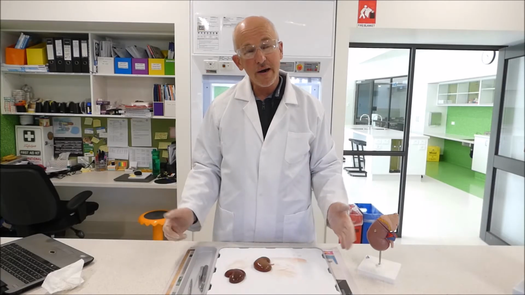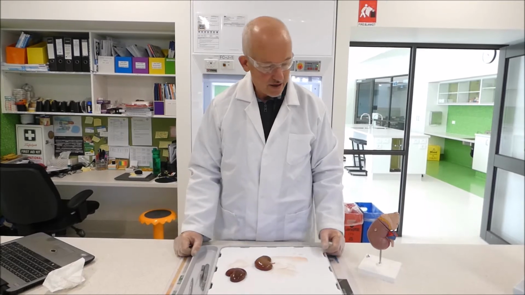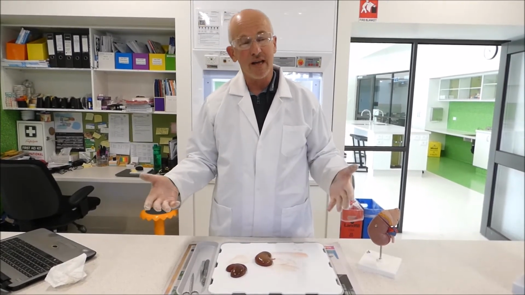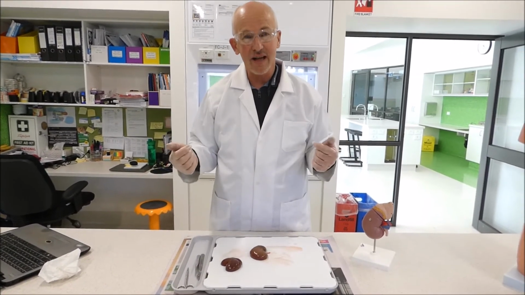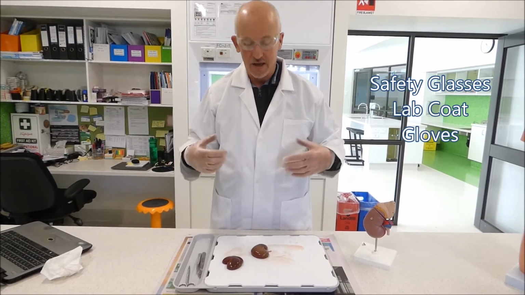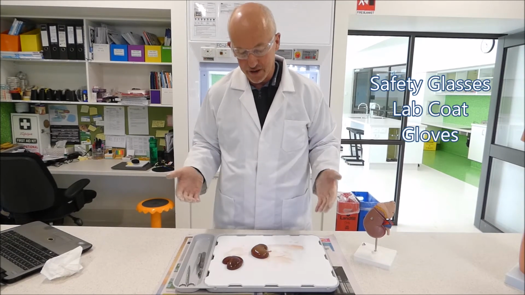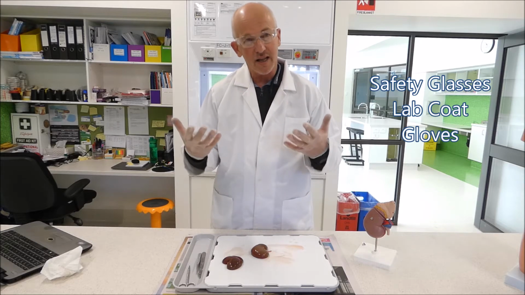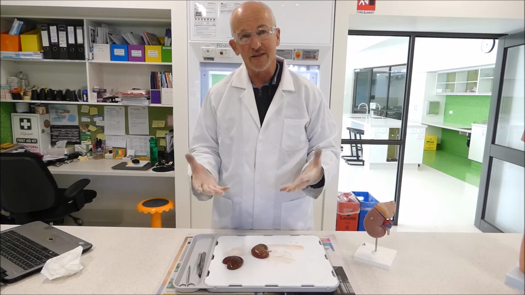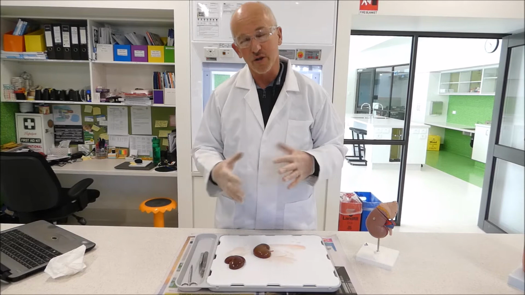Alright, so the materials for our dissection today are going to be, obviously, the safety equipment as always: safety glasses to keep splatters out of your eyes, a lab coat to keep the materials off your clothes, and gloves to keep all blood products away from your skin and possible cuts on your skin.